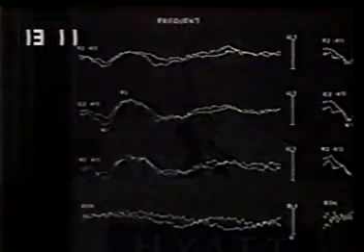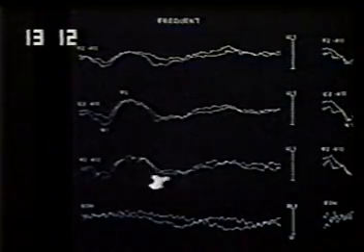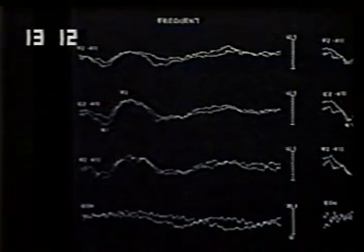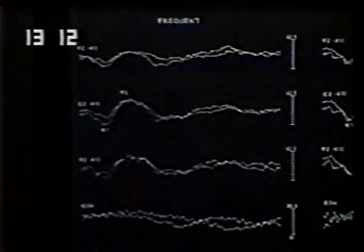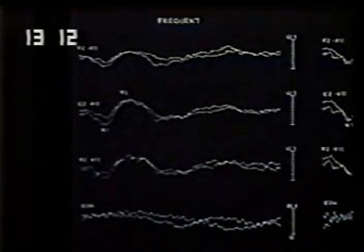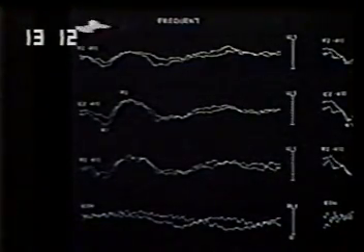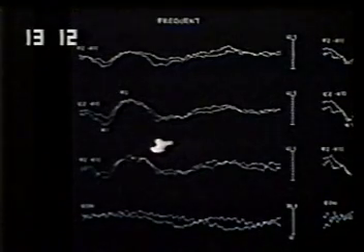Now, another technique that is frequently used, and this, by the way, is taken, I believe, from Chiappa's book, is a demonstration of the rows of averages, the two different ones, taking the frequent and the rares. And the technique usually is that you record from three midline positions. Even though it's usually a vertex positivity, people generally today like to make at least three recordings from the scalp, basically Fz, Cz, and Pz.